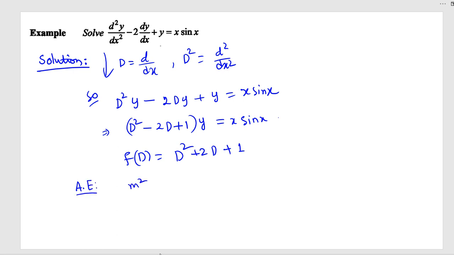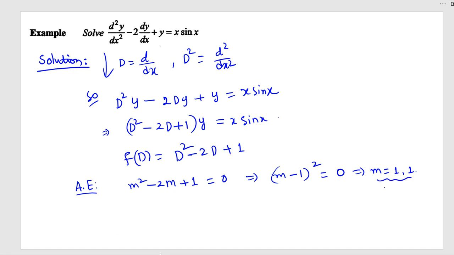Now if you take the auxiliary equation, it will be m squared plus 2m plus 1 equals 0. If you solve it, this is nothing but (m plus 1) whole squared equals 0, so m equals minus 1, minus 1.